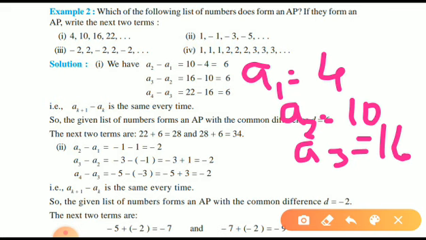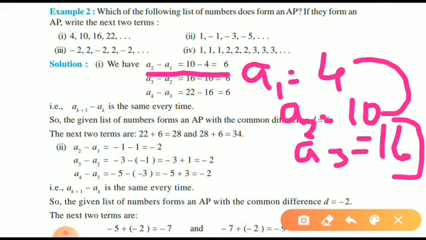Now find a2 minus a1: that is 10 minus 4, which you will get as 6. Then a3 minus a2: that is 16 minus 10, which will be equal to 6.